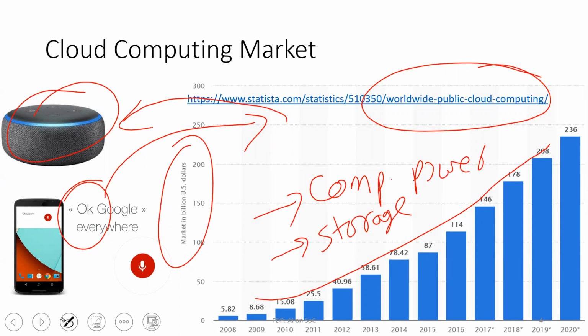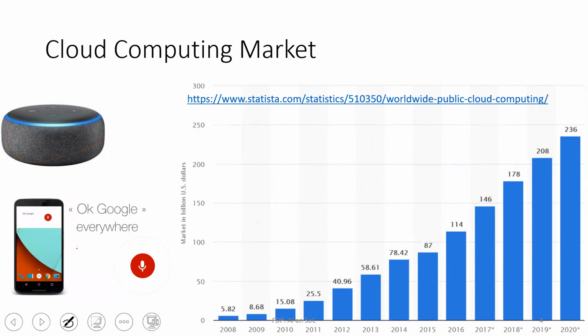And if you don't trust me, you can go to an area where you don't have good network connectivity. For example, if you go to Ladakh or the north region or northeast region where sometimes the cellular connection is not available, and if you try to use these devices, Alexa or other devices, they will not work.